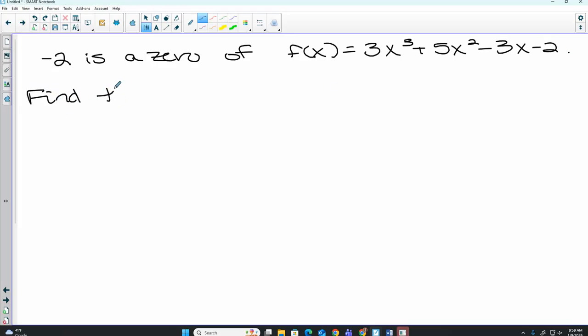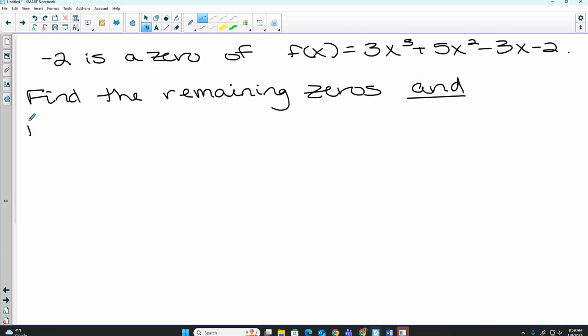Find the remaining zeros and factored form. So what would you do here?